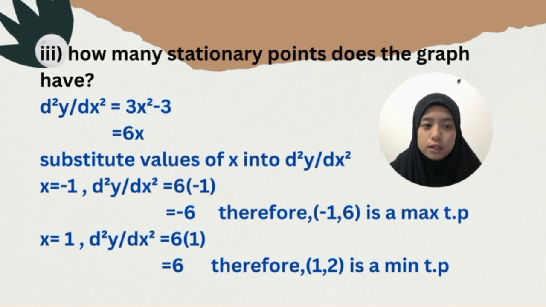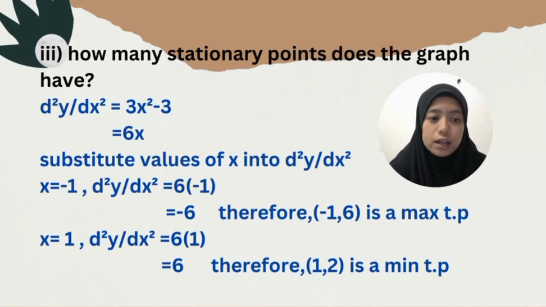So dy over dx is 3x to the power of 2 minus 3, and when we differentiate it again, it will be 6x. Then we substitute the values of x into d squared y over dx squared. The first x is negative 1. So it will be 6 multiplied by negative 1. We will get negative 6.